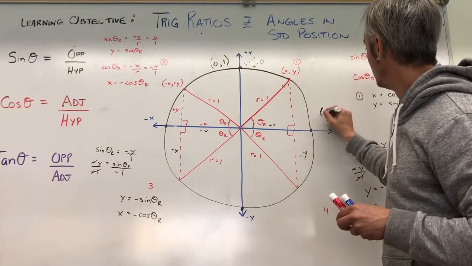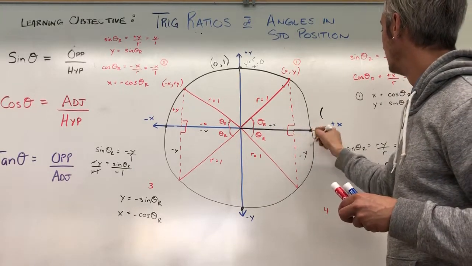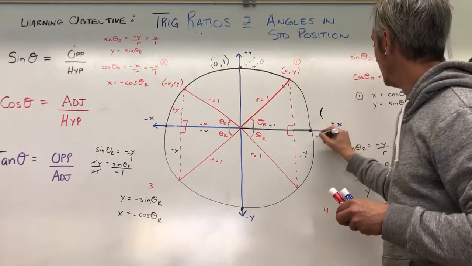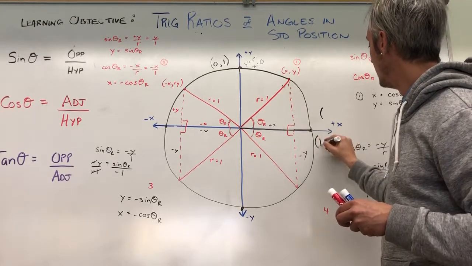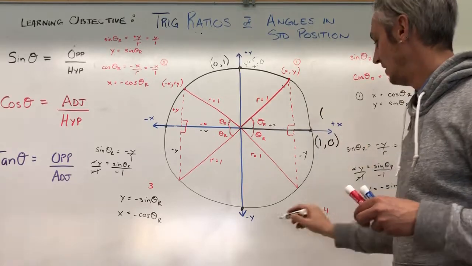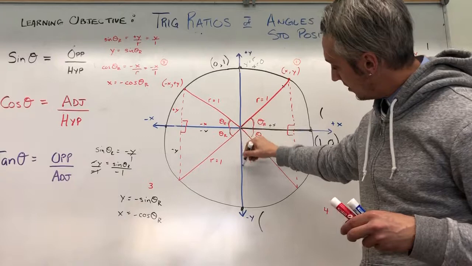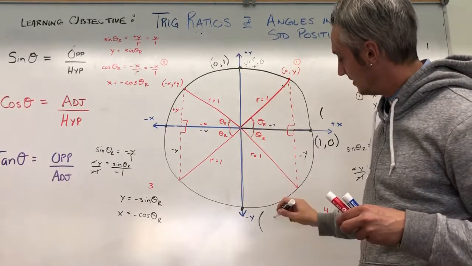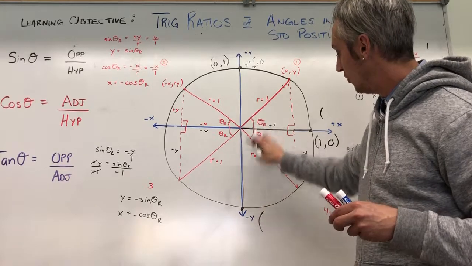Over here, if my r was right here, now I'm sitting at a value where x is equal to r, so x is 1, and then my y is 0. Down here, my r went all the way down my y-axis, so y is equal to 1, but it's negative.